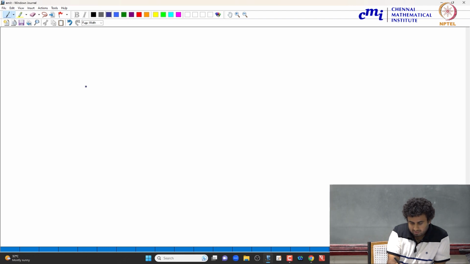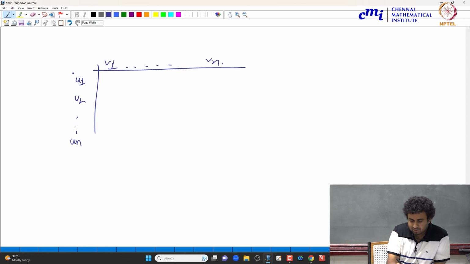You come up with this matrix with u1, u2, un, and v1, vn. The vertices in the left hand side are rows, and vertices in the right hand side are columns.